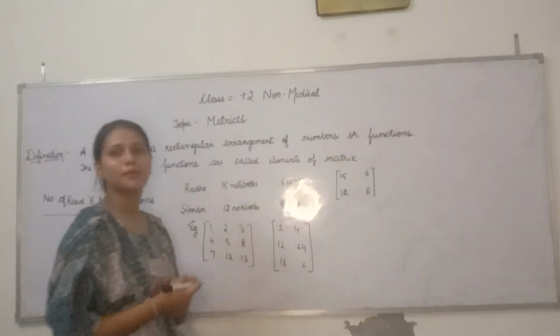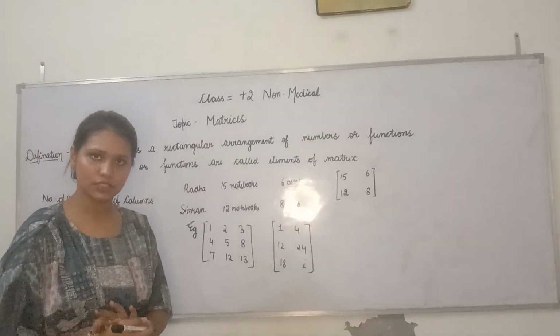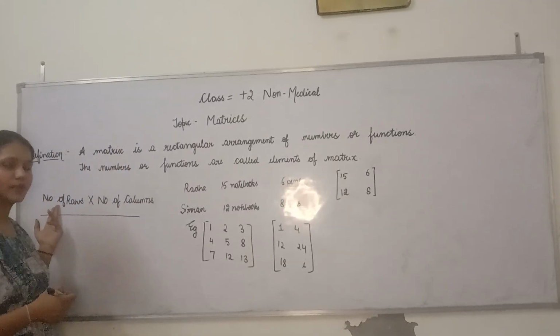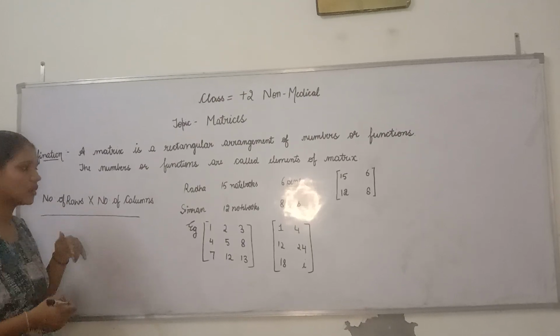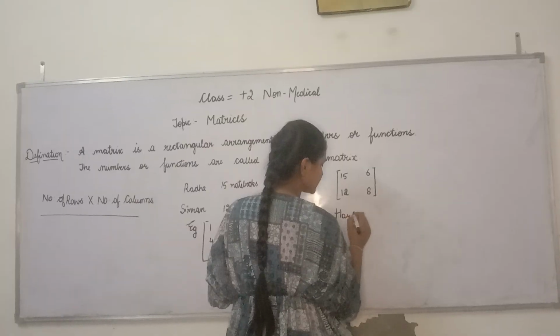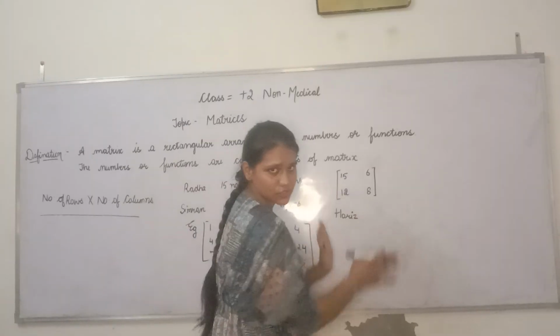This is also a matrix form, as it is an arrangement of numbers and functions. So this is a matrix, this is a matrix, this is also a matrix.